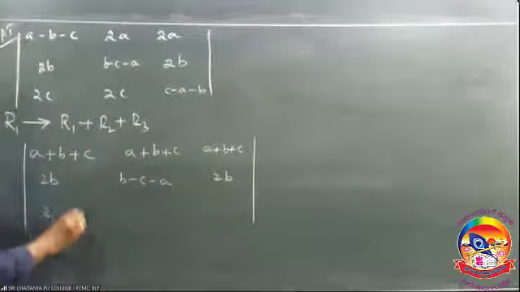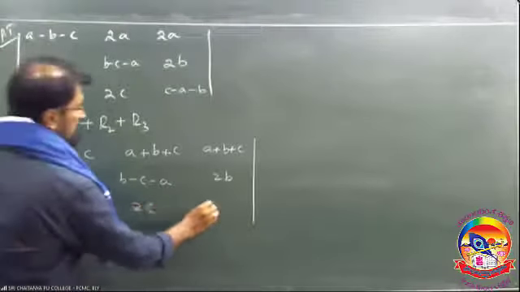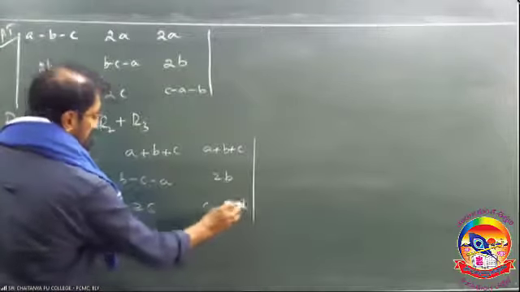And the third row, 2C as it is, 2C as it is, C minus A minus B as it is.